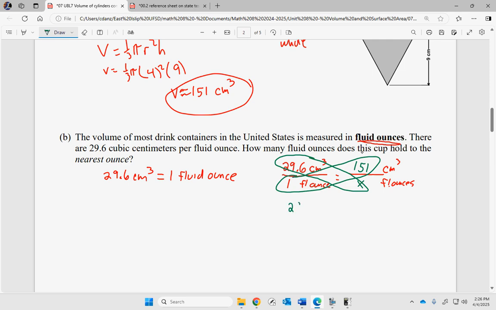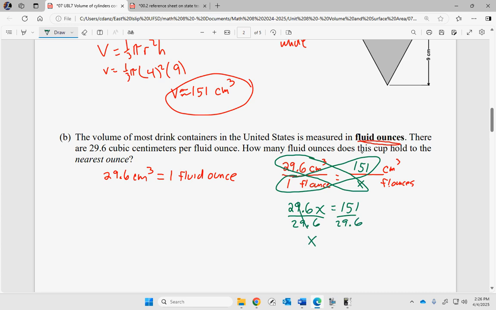So 29.6, I'm going to leave off my units right now and just do 29.6 times x, and that would equal 1 times 151, which really means if I'm solving for x, I'm going to divide by 29.6.